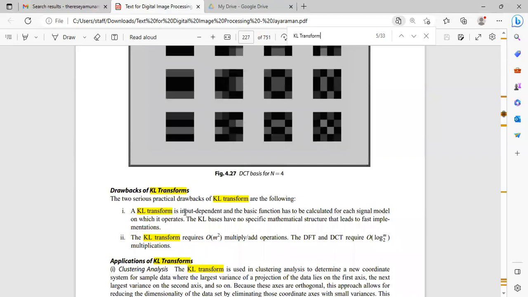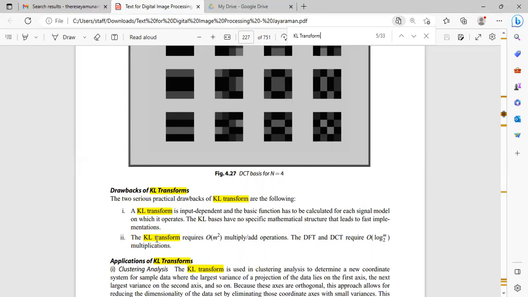Okay. Then drawbacks of KL transform: it is input dependent, and the basis function has to be calculated from each signal model on which it operates. KL bases have no specific mathematical structure that leads to fast implementations. So as I told you, if it is a 4-point Fourier transform, you have a 4x4 matrix.